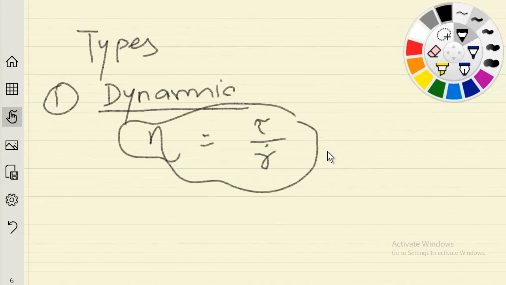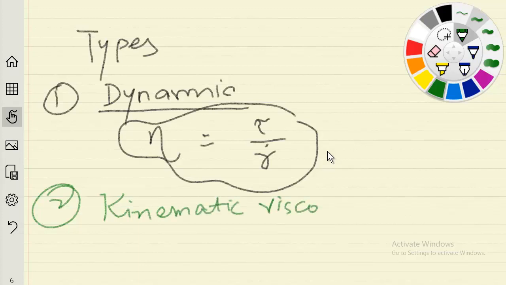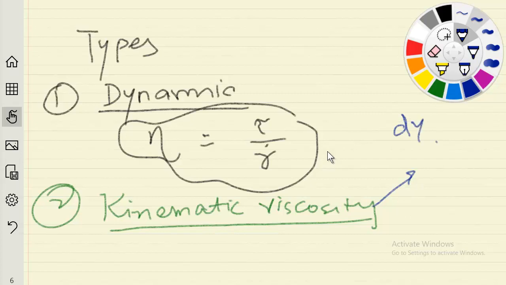Kinematic viscosity is the type of viscosity which is affected by gravitational force, and it is merely dynamic viscosity divided by density.